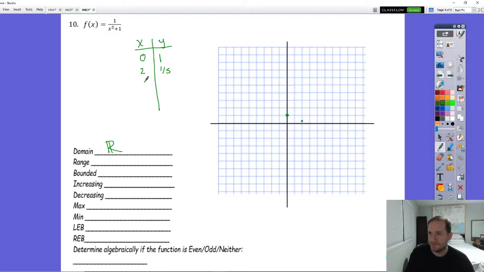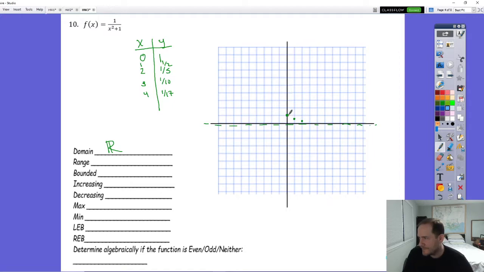What do you get at 1? I'll squeeze it in. You get a half. Okay, and what's going to happen as we continue out? At 3 we get a 10th. At 4 we get 17th. So again we see that as the x's increase, the y's are getting smaller, but they're never going to go negative. We see that they're tending towards 0, so we should be expecting that we do have a horizontal asymptote.